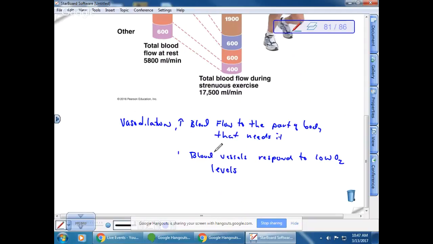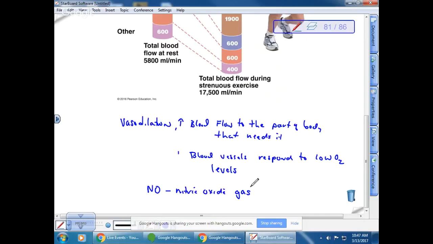There are some other things that affect shunting of the blood. One of these is kind of interesting just because it's in a drug that is under attack or discussion lately, which is nitric oxide. Another example is NO, nitric oxide gas. When it is produced by tissues, it causes vasodilation.